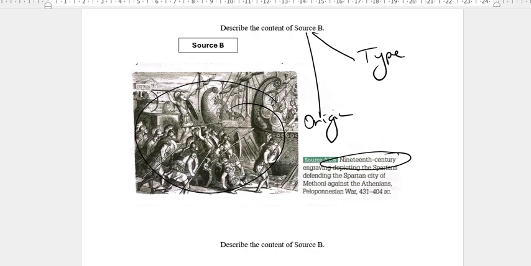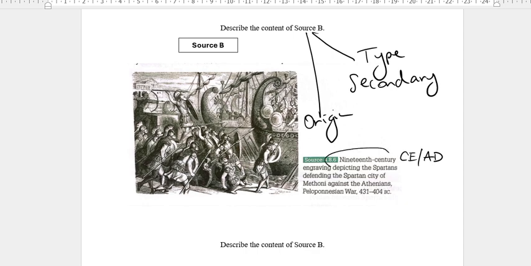But the actual time period that this source was made is in the 19th century. And if you ever see something without a date, like this one has BC, there's nothing here. It always refers to the Common Era, CE AD, which makes it a modern source. So it's a modern source depicting an ancient battle, which makes it a secondary source.